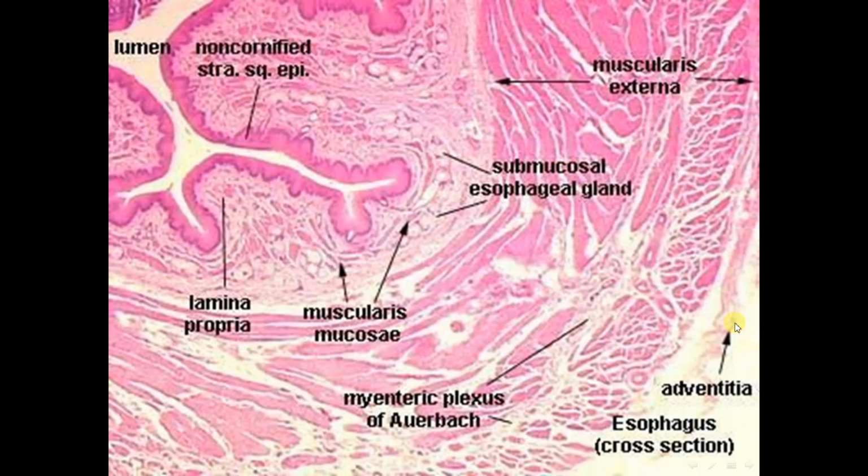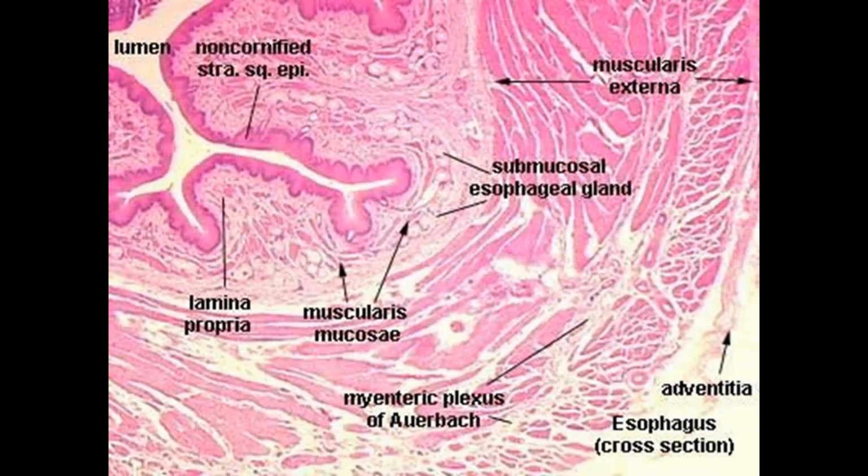The mucosa has the three parts or the three regions اللي هو epithelia, lamina propria, and muscularis mucosa. The epithelia is a stratified squamous non-keratinized epithelium that lining the mucosa of the esophagus.